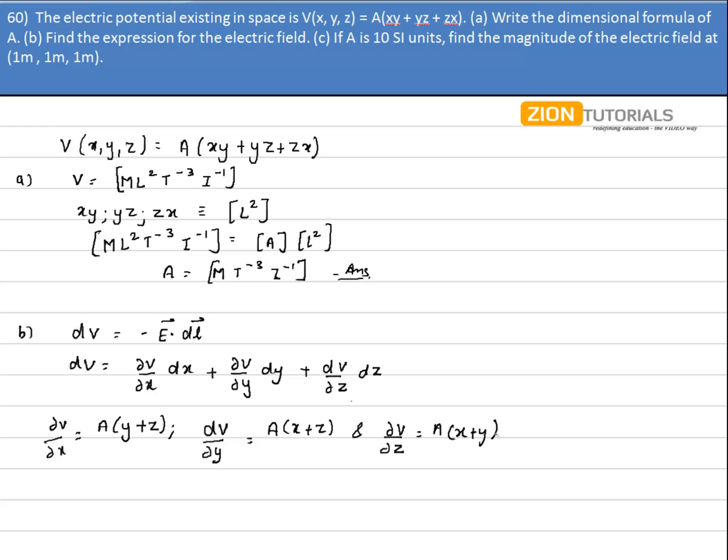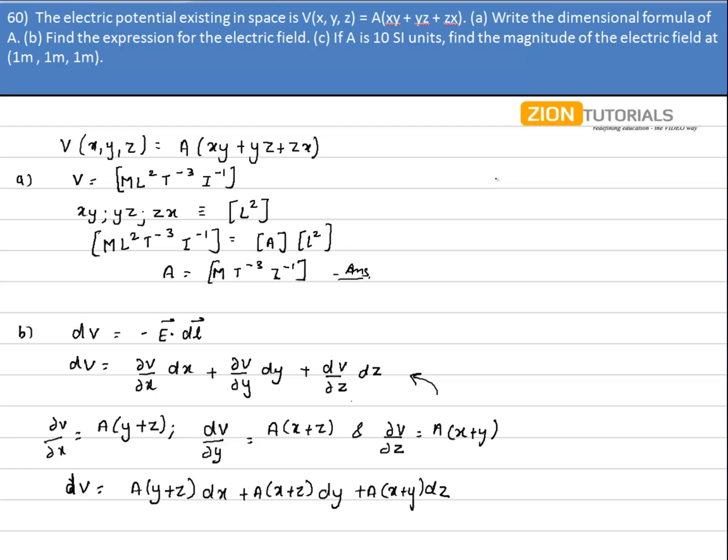Now substituting these three into this equation, we get dV as A(y + z) dx + A(x + z) dy + A(x + y) dz.